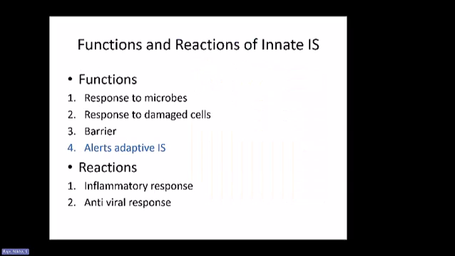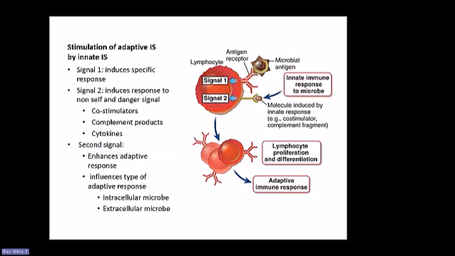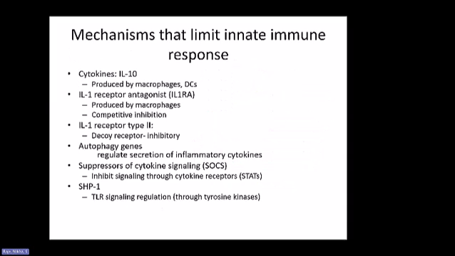And then the last function of the innate immune system is to alert the adaptive immune system. So the first signal is from the microbe, where it gets activated, but the second signal that is needed for the lymphocytes to be activated is from the innate immune system that alerts them to the danger. And that's an important function of the innate immune system so that it can activate the adaptive immune system.